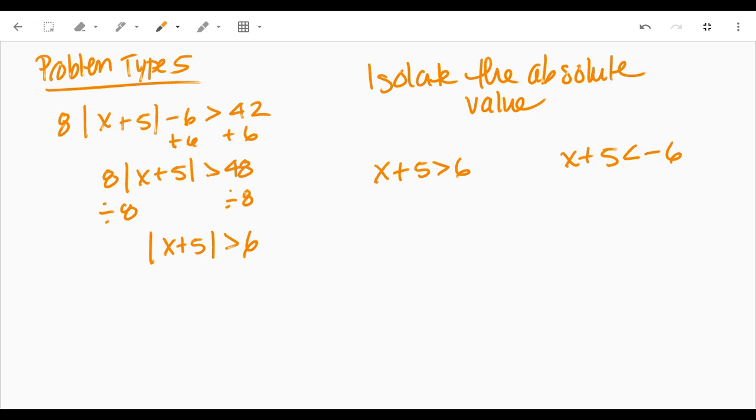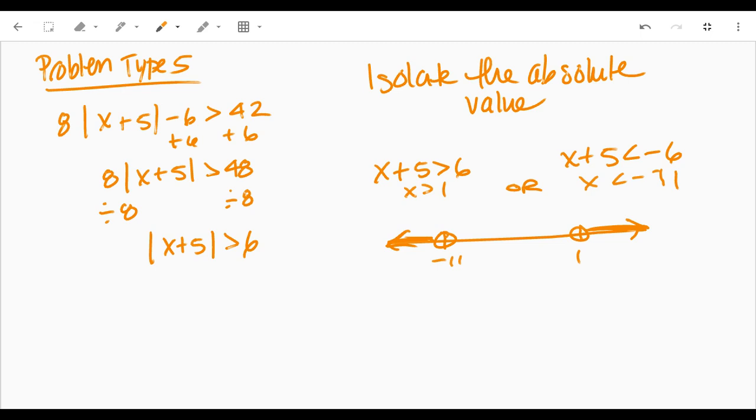Draw a number line. Oops, I skipped a step. Greater than 1 if I subtract 5 from both sides. Less than -11. Okay, so we are going to have -11 and 1. We want open circles. Greater than 1, less than -11, so it would be an or.